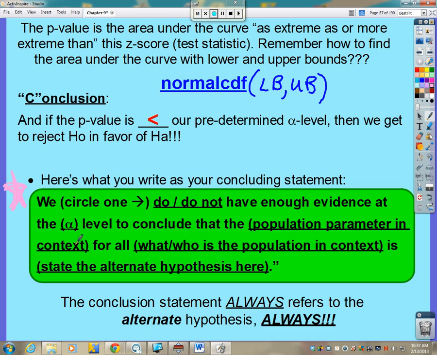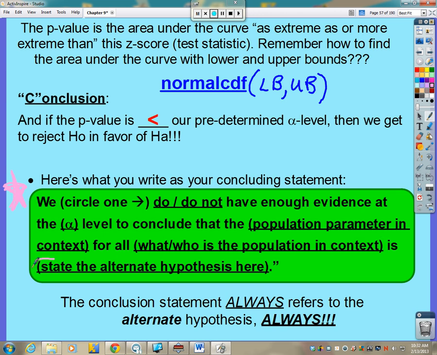Typically it's going to be 0.05, or you could say 5%, to conclude that the, whatever your population parameter and context is, whether it's the mean length of battery life for all, and who's your population, we'd say for all batteries.